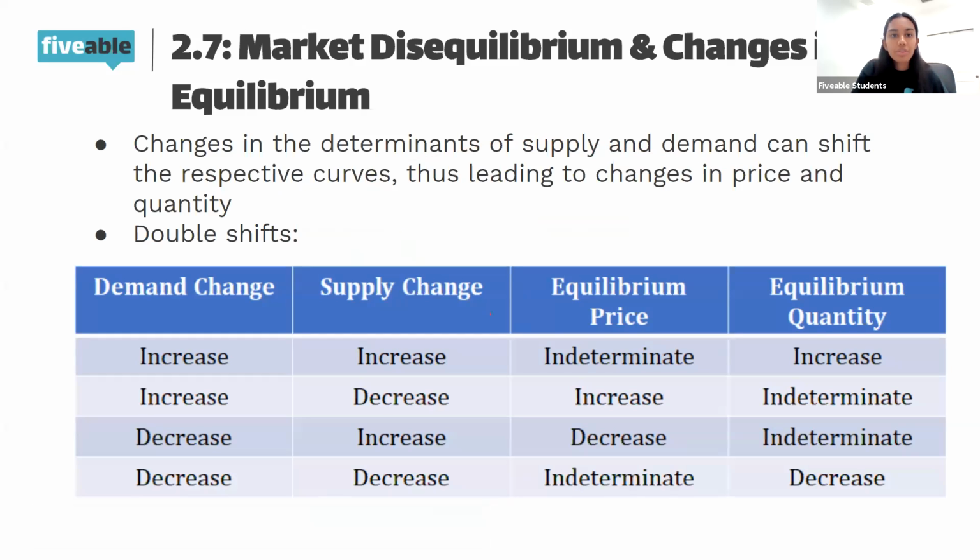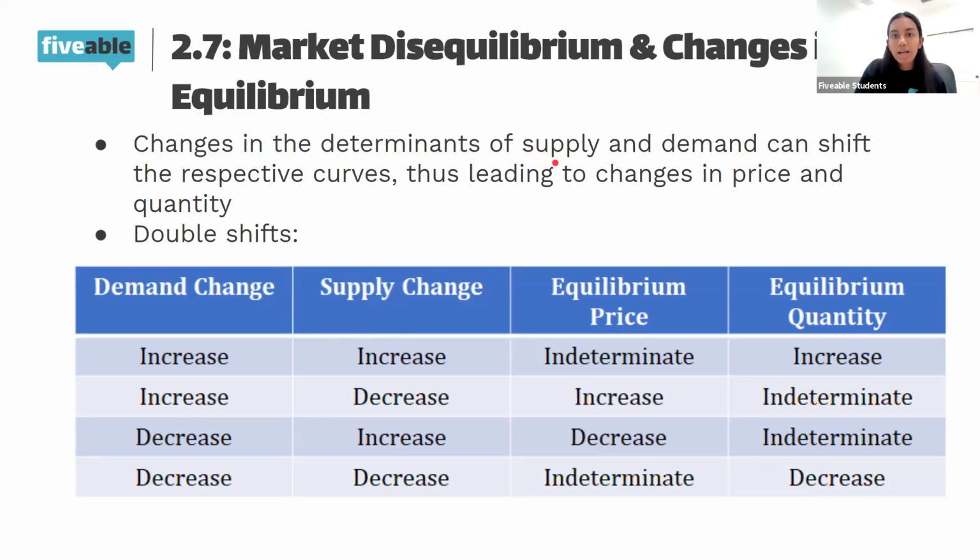And another thing about market disequilibrium: markets are always fluctuating. There's always changes happening in markets. And at the last office hours, we actually talked about the individual determinants of supply and demand, and that essentially means what shifts the supply and demand curves.